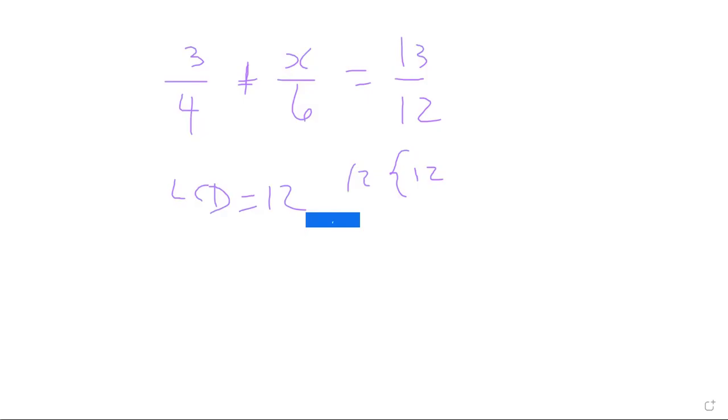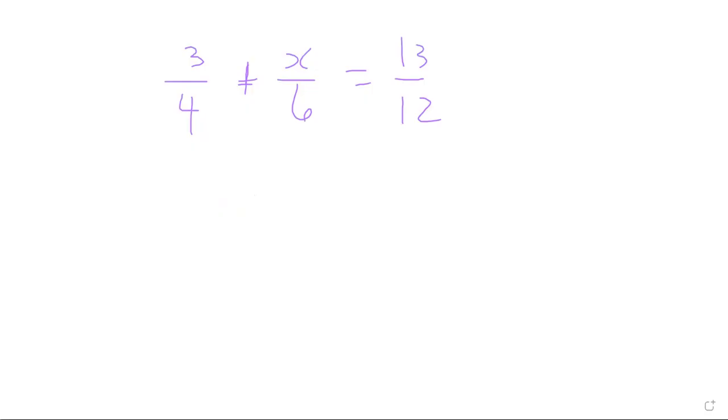Now, I have to multiply each term by 12. So 3 over 4 multiplied by 12. x over 6 multiplied by 12. 13 over 12 multiplied by 12. Or another way to say this is that whatever is on the left, multiply by 12.